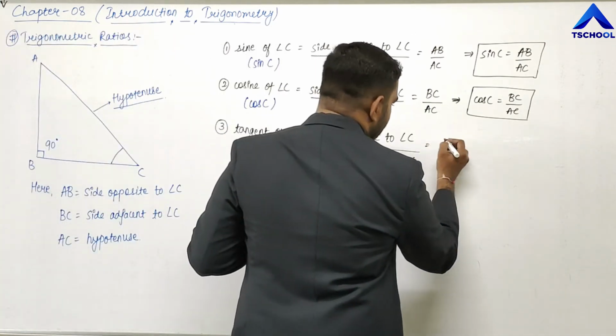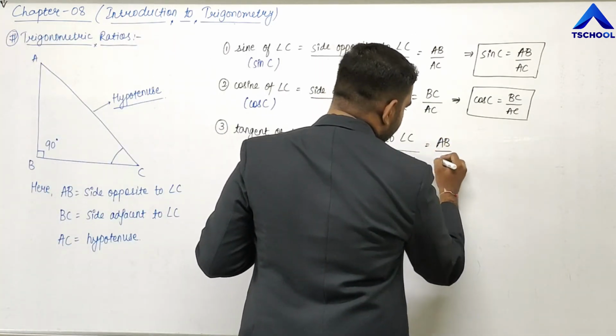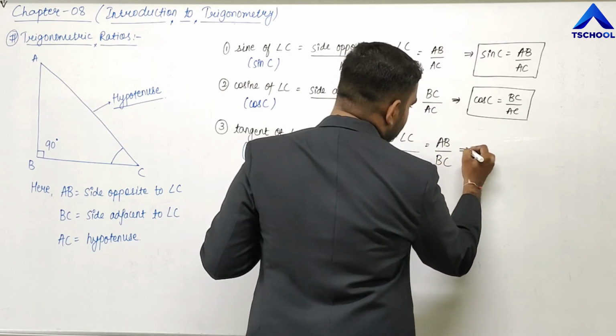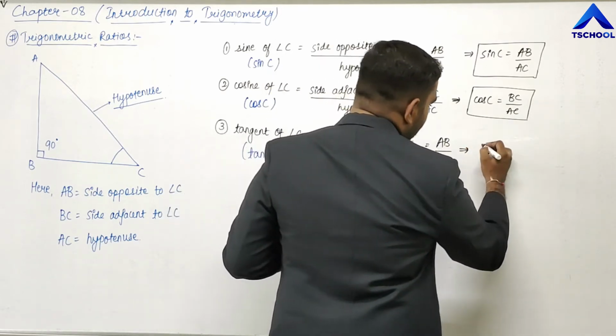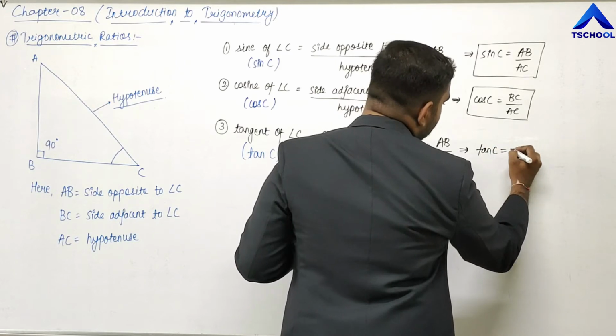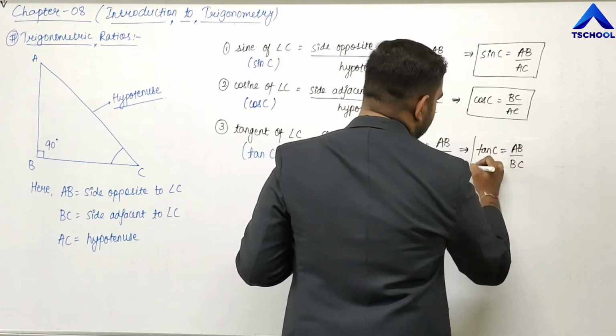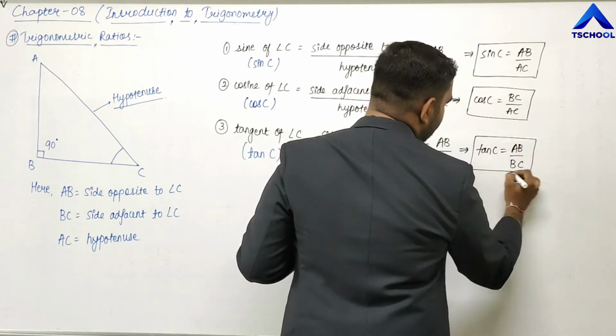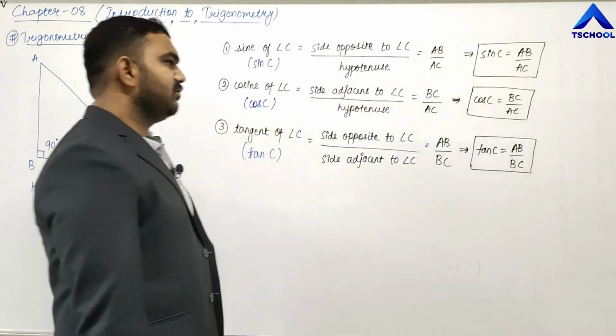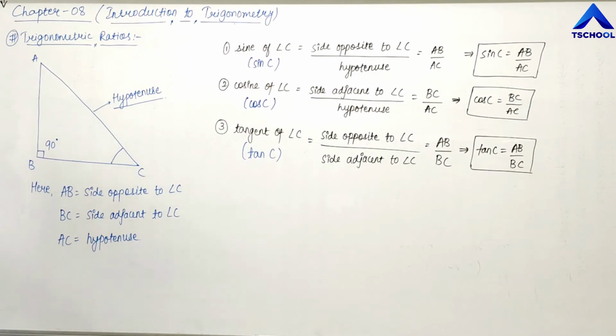So that gives me AB upon BC, and hence tan C equals AB upon BC.